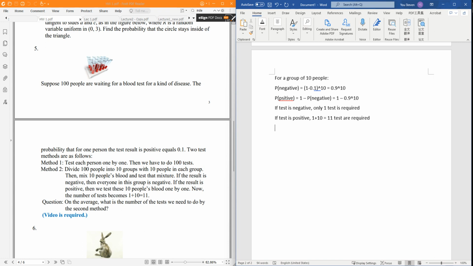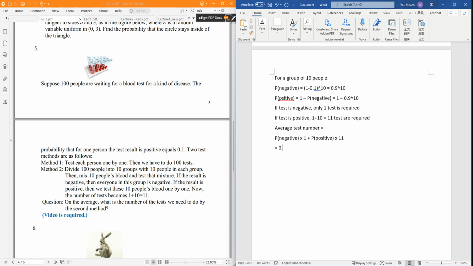So the average test number of this group is the probability of the test being negative times the test count, which is only one test needed, plus the probability of the test being positive times the test count, a total of 11.